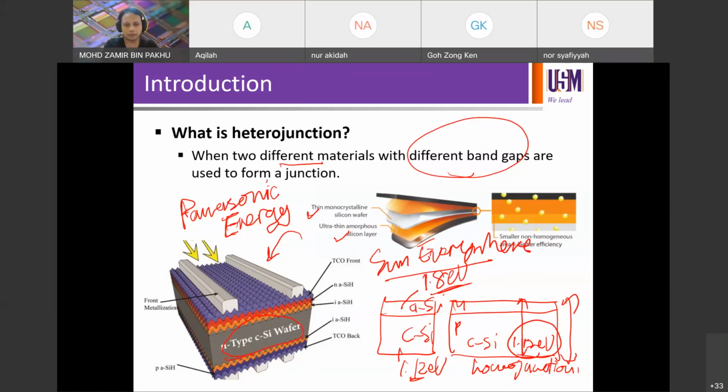On top, the top region is intrinsic amorphous silicon, meaning undoped, followed by N-type amorphous silicon, followed by a TCO. A TCO, we have learned, right? A degenerate semiconductor. They use ITO here to produce a transparent contact. They also have intrinsic silicon at the back, undoped, a very thin one, about 10 to 20 nanometer, and then followed by a TCO contact at the back as well.